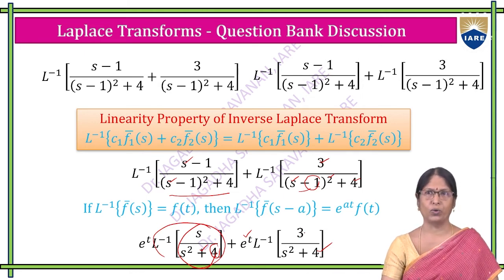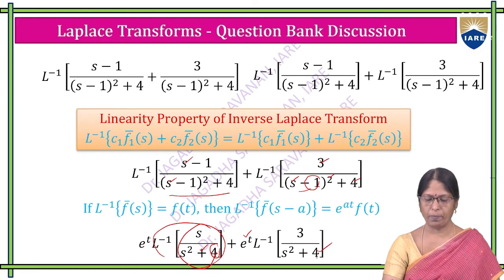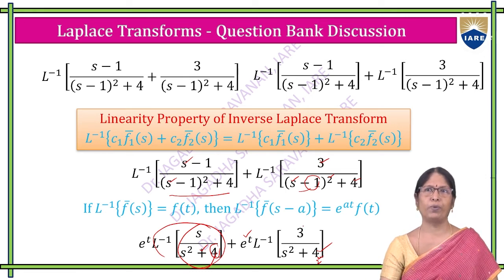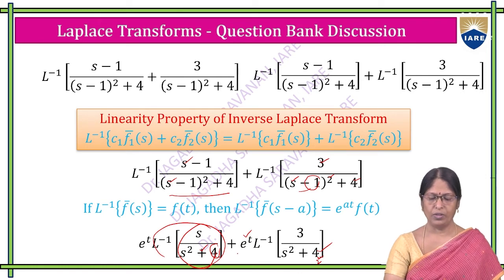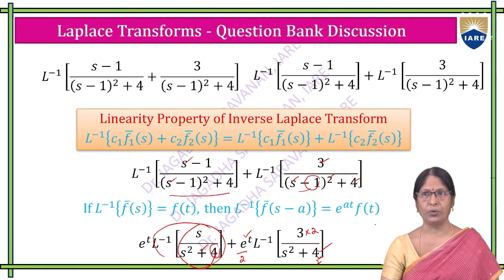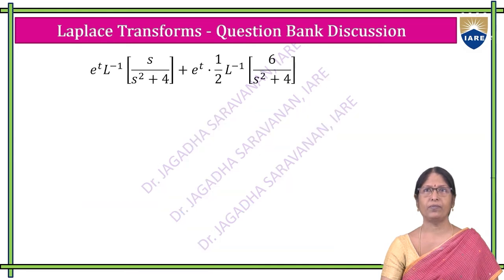Similarly here also, s square plus a square is 2 square. The top should be 2, but the 2 is missing. So we divide by 2 and multiply by 2, and we can apply the formula in the respective places.